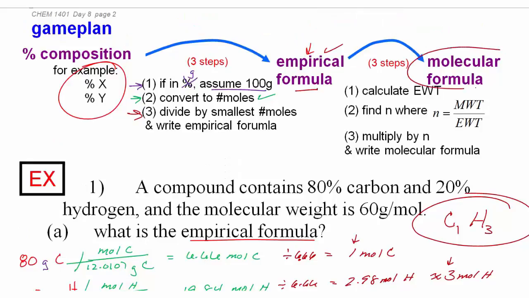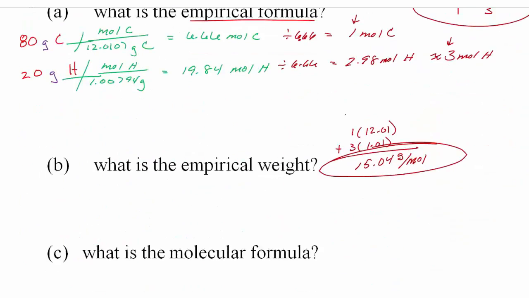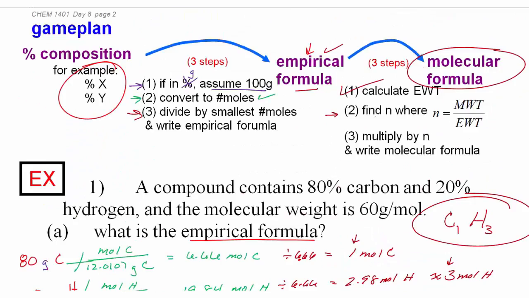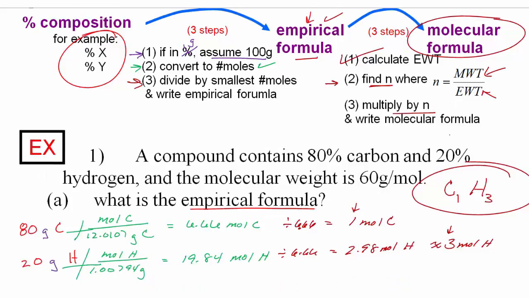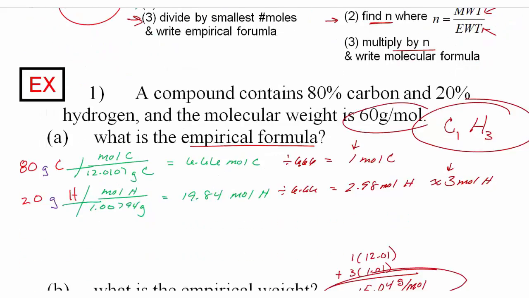So what we did is, now we have the empirical formula. We're trying to get the molecular formula. The first step was to calculate empirical weight, so we did it. Now we have to find this little n, because I'm pretty sure the next question is what's the molecular formula. So we need to find this n where we divide the molecular weight by the empirical weight, and then multiply our empirical formula by n. So molecular weight, they said, is 60.